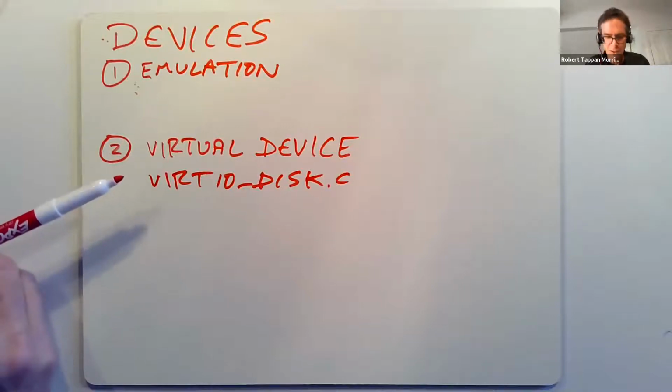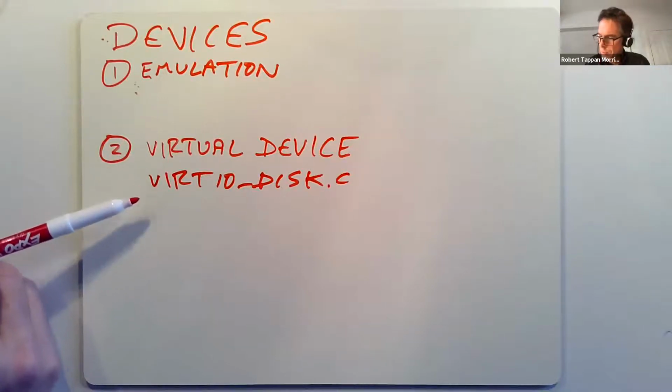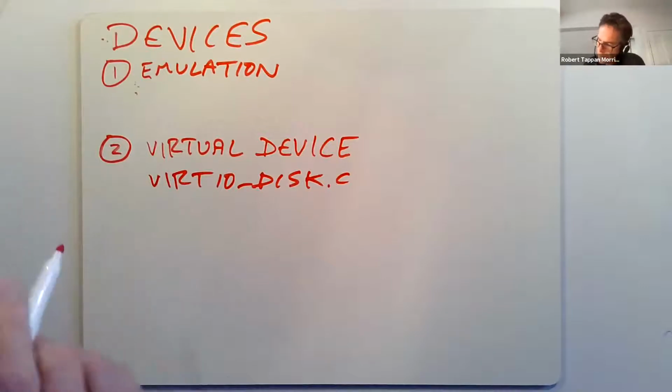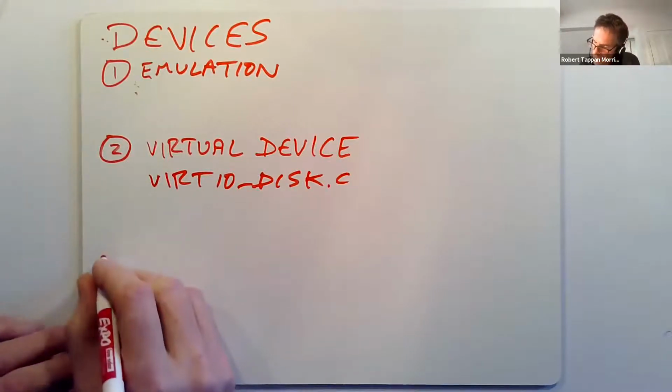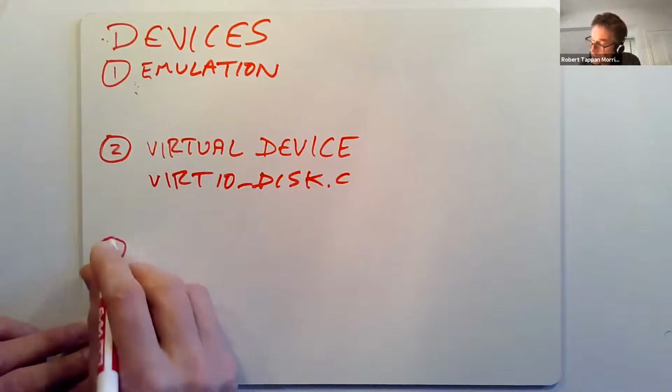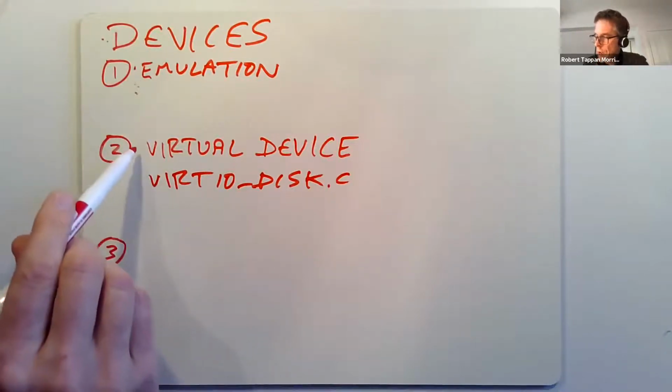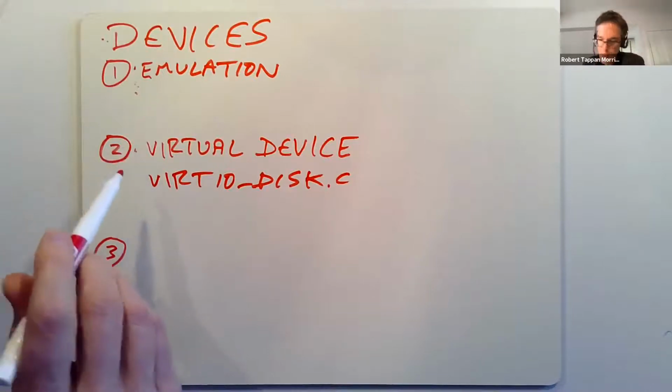Like for us, it's fs.img. QEMU applies these commands to fs.img instead of using a real piece of device hardware. So this is another strategy, and this is higher performance than straight emulation, because you can design the interface so it doesn't require a lot of traps.